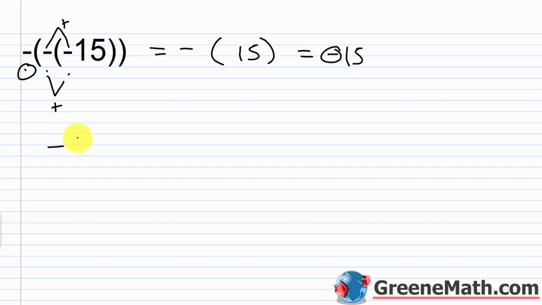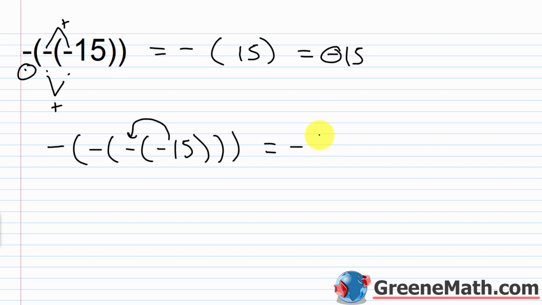If I had the opposite of negative 15 like that, now I have an even number of these symbols. Now I'm going to get a positive 15. So working backwards, this would make it positive 15. So we'd have the opposite of positive 15. And then this would make it negative.